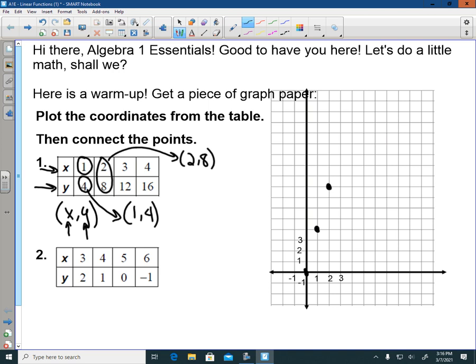So we're going to go 3 units to the right, 1, 2, 3, and 12 units up. 1, 2, 3, 4, 5, 6, 7, 8, 9, 10, 11, 12. And the last one, 4, 16: 4 units to the right, and 16 units up. Okay, there's 12, 13, 14, 15, 16. There it is. And then it says, then connect the points.